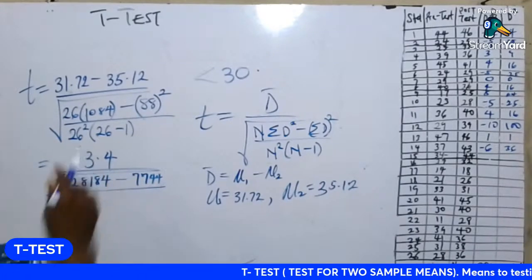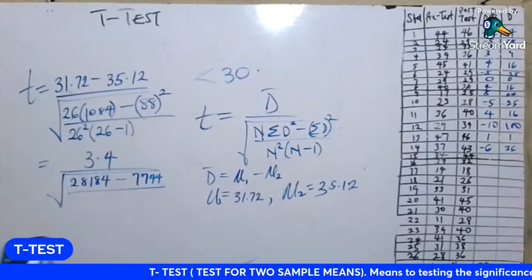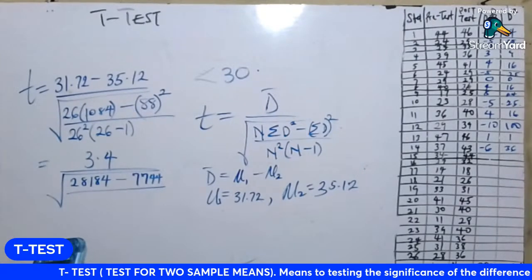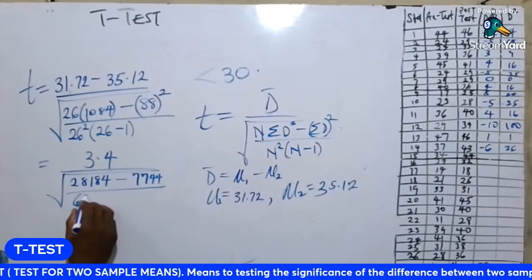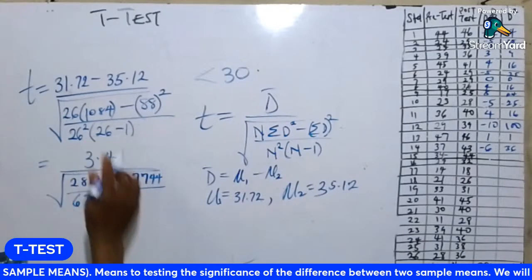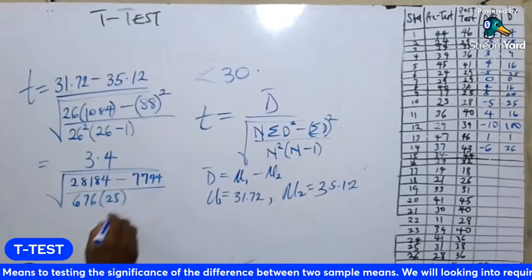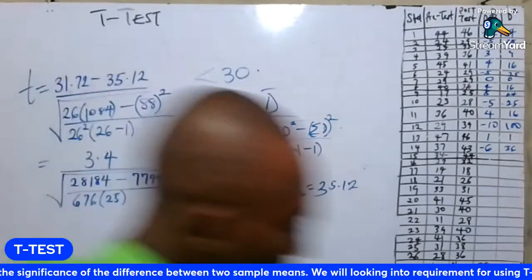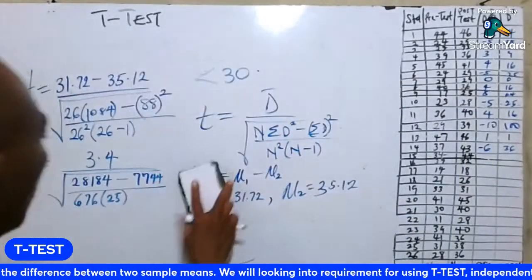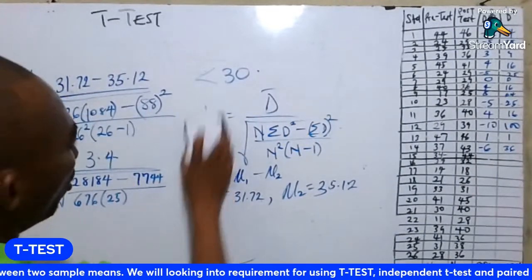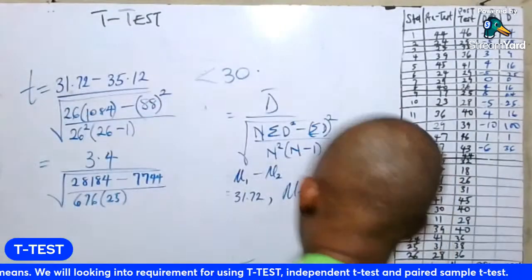Everything to be divided by, don't forget, 26 square. That will give me 676. And don't forget, just take one away from this. That will give me 25. So from here now, let me clean this place so that we get more space.